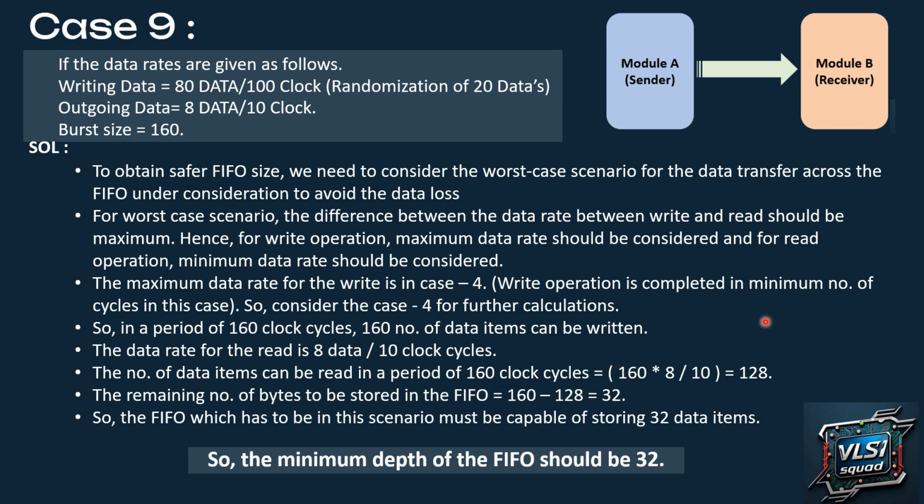It is sending 160 data items per 160 clock cycles, so 160 clock cycles into 8 by 10 is the speed of the reader. That is 128 data items. Out of 160 data items, 128 have been read, so 32 data items are left unread by the reader. So this should be the size of the FIFO. 32 will be the minimum size of the FIFO.